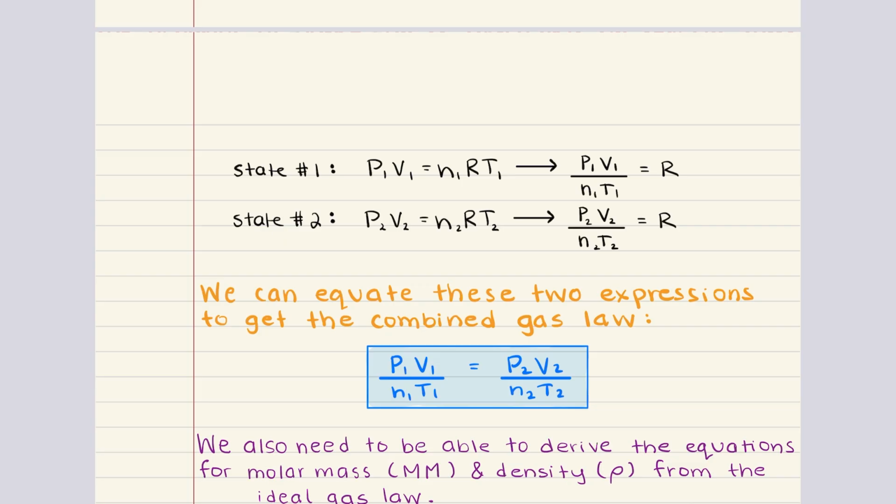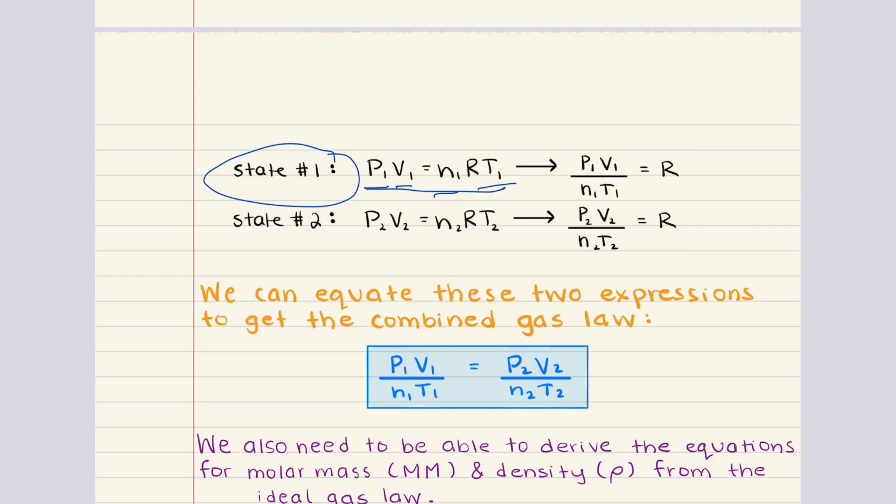So your gas sample is going to start in some initial state. We'll call it state 1. And for that state, we can write a version of the ideal gas law where we know the initial pressure is P1, the initial volume is V1, the initial number of moles is n1, and the initial temperature is T1. Then we can do the same thing for state 2 after our gas sample has evolved.